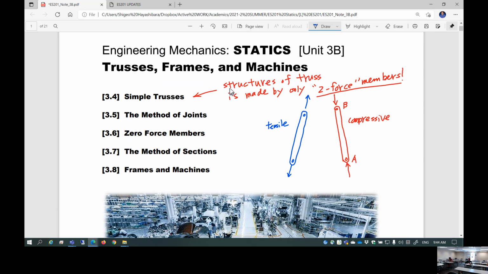Now, important thing here, you are going to be given two methods, the method of joints and the method of sections. I'm going to ask you the question later after I complete this truss section. Which one do you like better? Do you like method of joints, or do you like method of sections? I'm going to ask that question, so be ready to answer that.